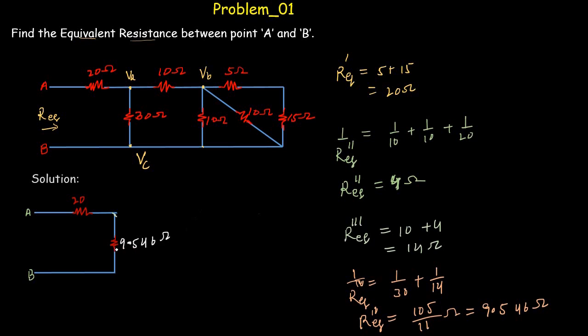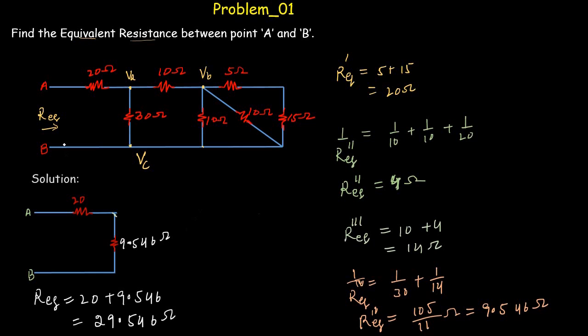If you analyze this network again, then you see that these 2 resistors are in series because there is one path available for the current to flow through these 2 resistors. So the equivalent resistance between these 2 points will be equal to 20 plus 9.546, which is equal to 29.546 ohms.